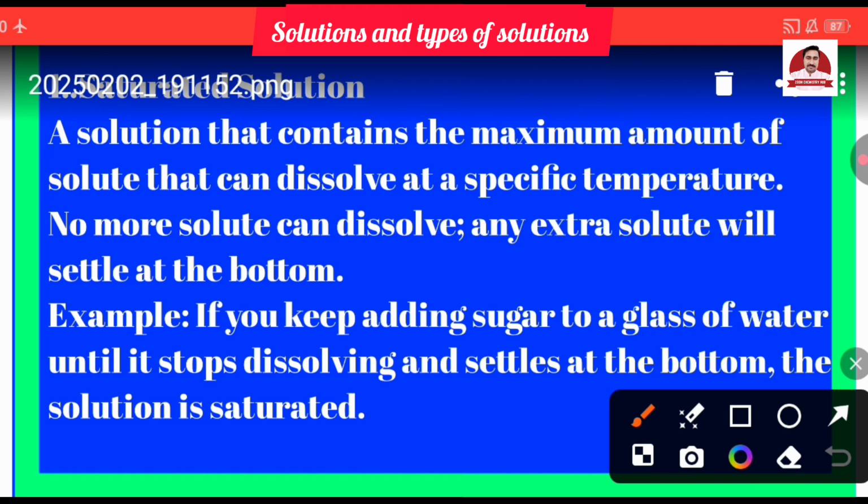That is to say, a saturated solution is one in which the maximum amount of solute has dissolved at a particular temperature, and if we add extra solute, it does not dissolve.